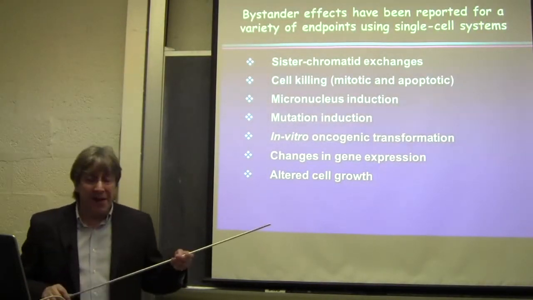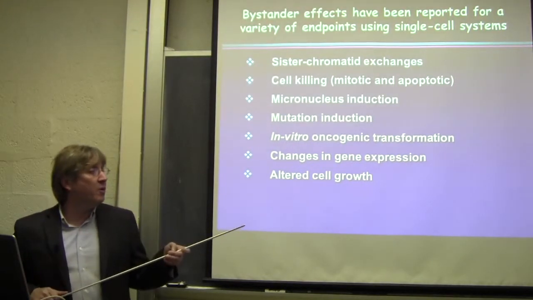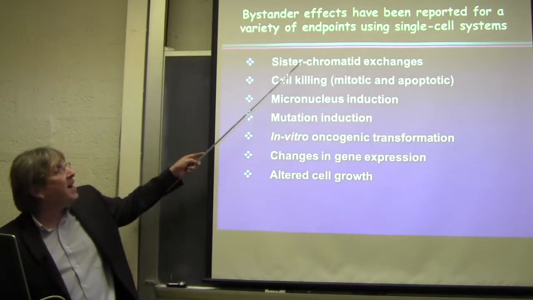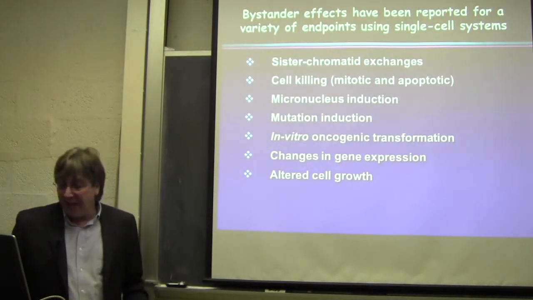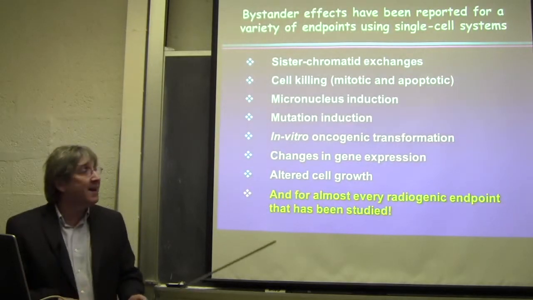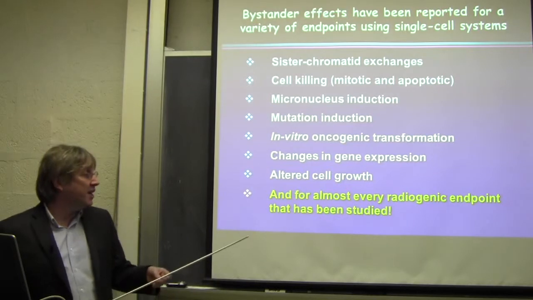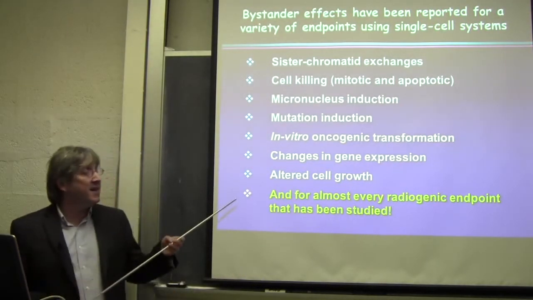And since the bystander effect was first reported by Jack Little well more than a decade ago now, it's been seen in a variety of different endpoints. Really, all the endpoints that we have in our field, in radiation biology, wherever we can actually measure, we are seeing these bystander effects.